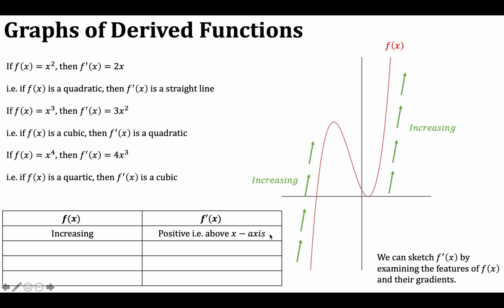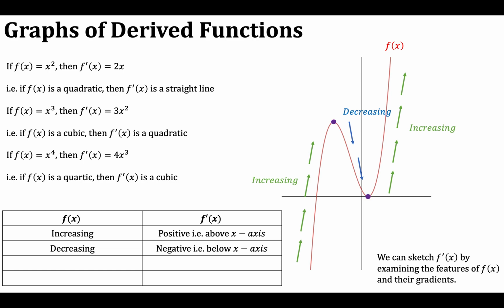It'll be positive. We've also got an area here which is decreasing. In f of x, if we have something that's decreasing, that means that the gradient, f dashed of x, is negative. And when we sketch the graph of the derivative, that interval will occur below the x-axis because it's negative.